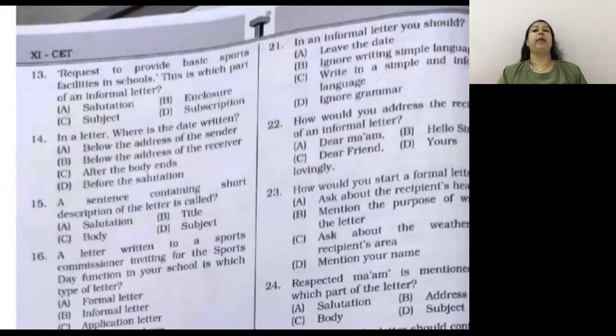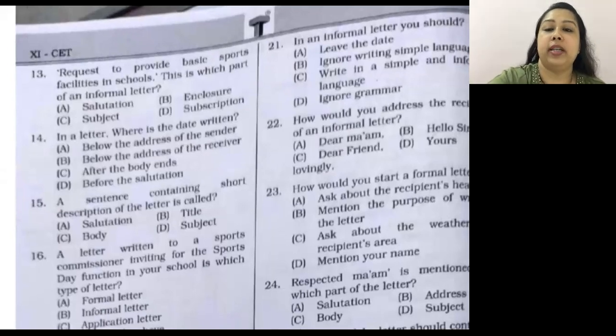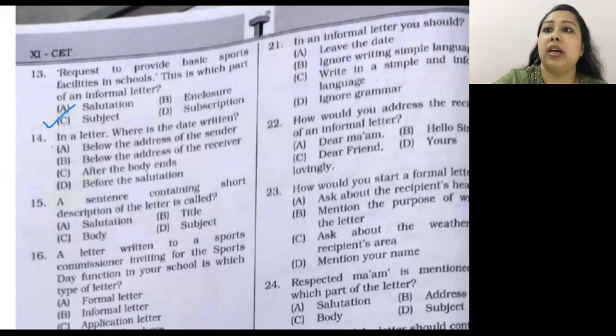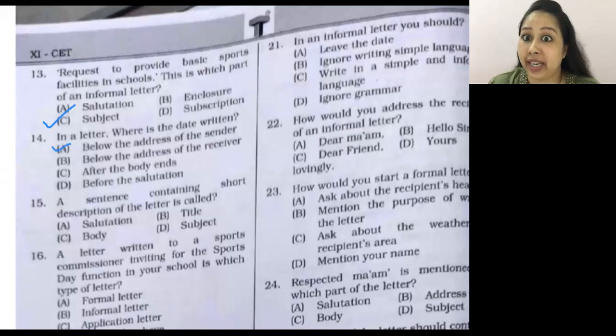Request to provide basic sports facilities in schools. This is a part of an informal letter. Subject, okay. In a letter, where is the date written, students? Always below the address of the sender. Very good. A sentence containing short description of the letter.